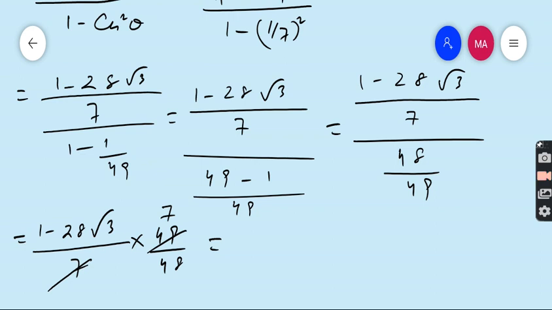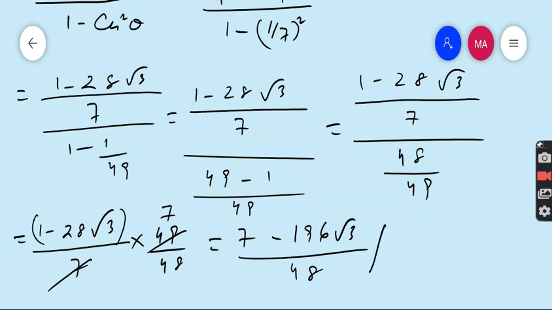Okay. Now 7 multiplied by the whole bracket, 7 ones are 7 and 7 into 28 is 196 root 3 upon 48, and this is our final answer of part E.